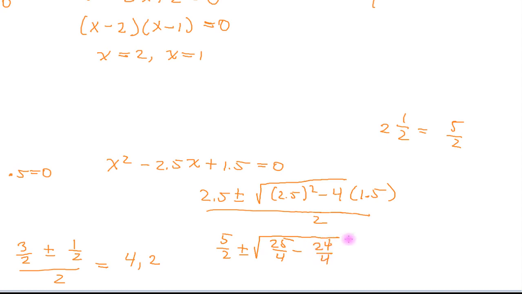6 times 4 is 24. Again, we're on the good side. Now we have 5/2 plus or minus the square root of 1/4 again, so it's 1/2. The 2s cancel, so this is 6. And 5 minus 1 is 4. So we still have 4, but we have 2 and 6, which gives us a set of 3 elements.